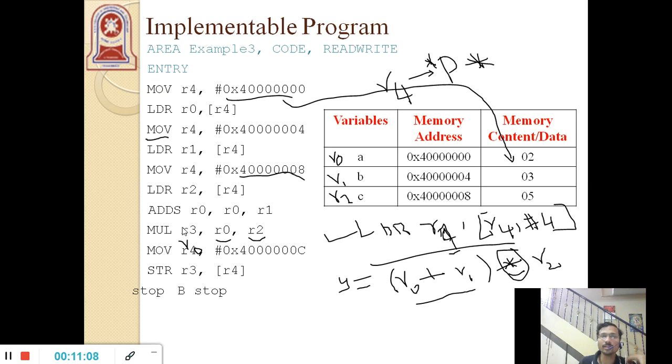My final answer is in R3. R3 is mapped to Y, or my register R3 is nothing but the output Y. Y must be stored in 0x4000000C. So again I am storing my final result at the address in R4. That's it, so this is my simple program. Now let us see this particular program in Keil software.